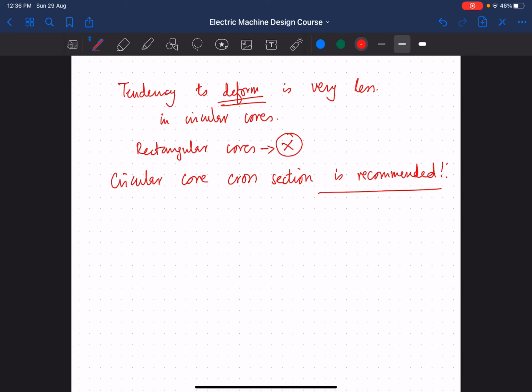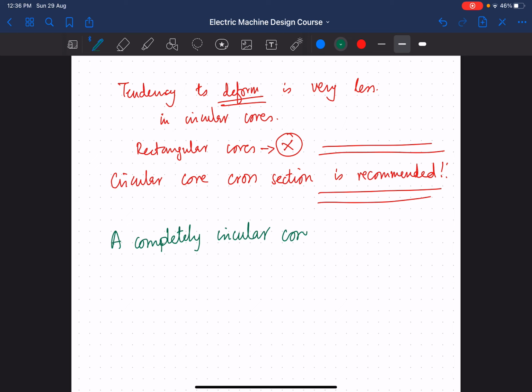When I say recommended, I mean it is ideal that you have a circular cross section, but this comes with a drawback that having a completely circular core results in increase of the lamination cost.